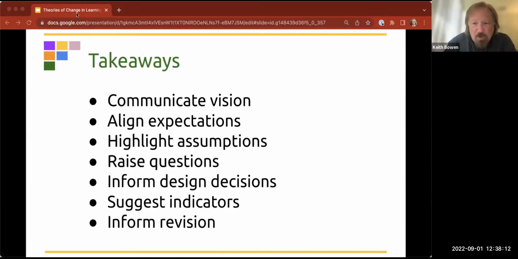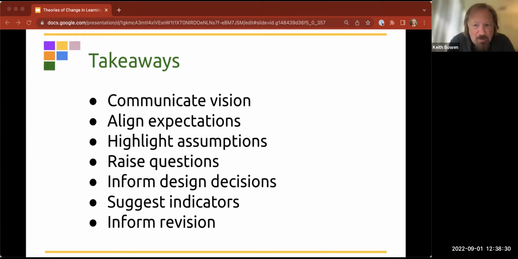Yeah, so we look forward to discussing this with you, but we'll just take a second to consolidate a few takeaways. We've found several advantages to this kind of articulation of a clear theory of change.